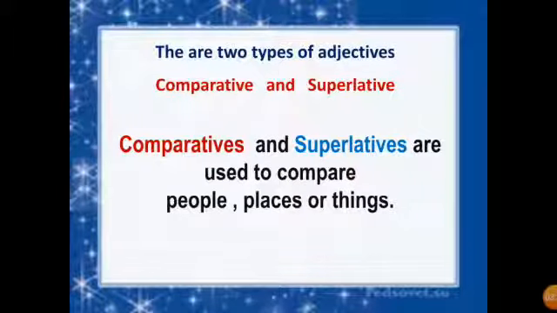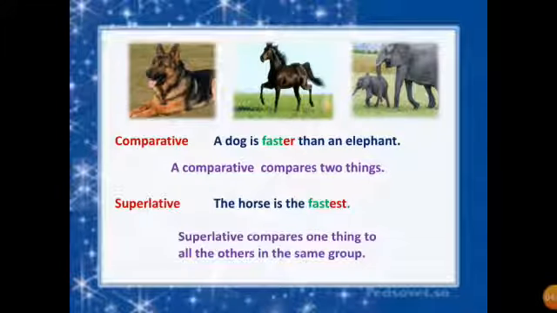Now, there are two types of adjectives, comparative and superlative. Comparative and superlative are used to compare people, places, or things. Pay attention to the next examples and pictures. Comparative. A dog is faster than an elephant.